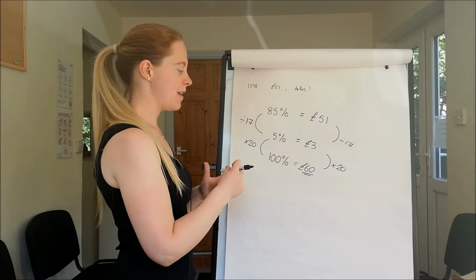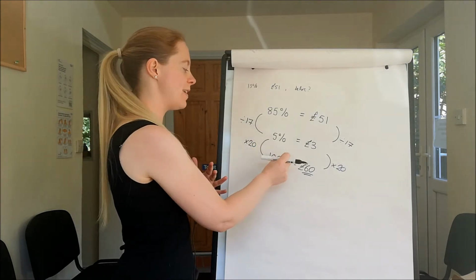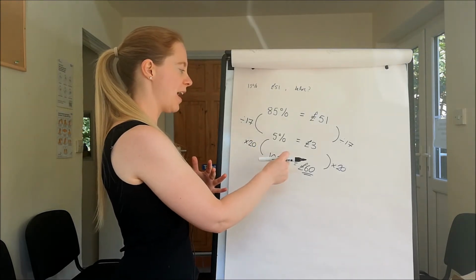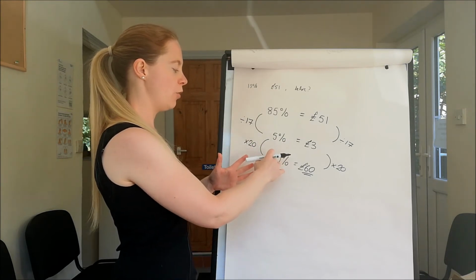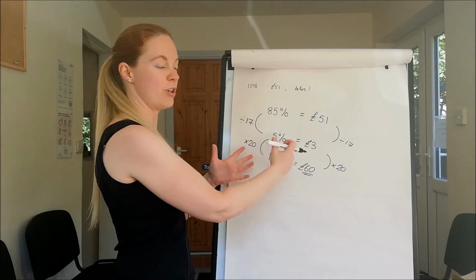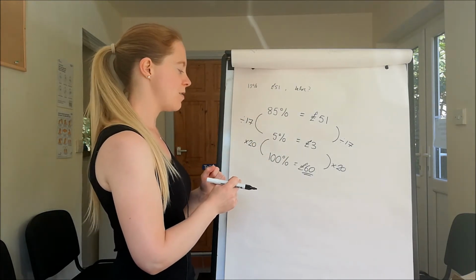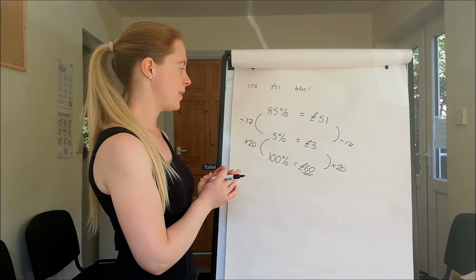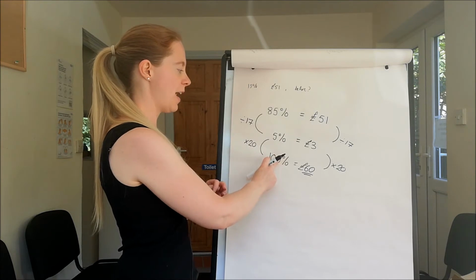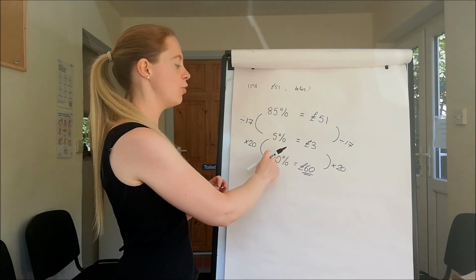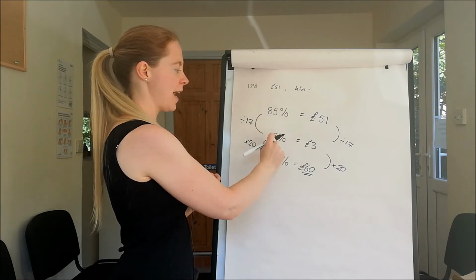So 5%, 10%, 20%, 25%, they're all numbers that would fit nicely into 100 a whole number of times, whereas 11% won't go into 100 a whole number of times because 100 isn't in the 11 times table. 14% won't be useful either because 100's not in the 14 times table. But anything that will fit into 100 a whole number of times, i.e. anything that eventually has 100 in its times table, is a useful chunk that you can scale down to.